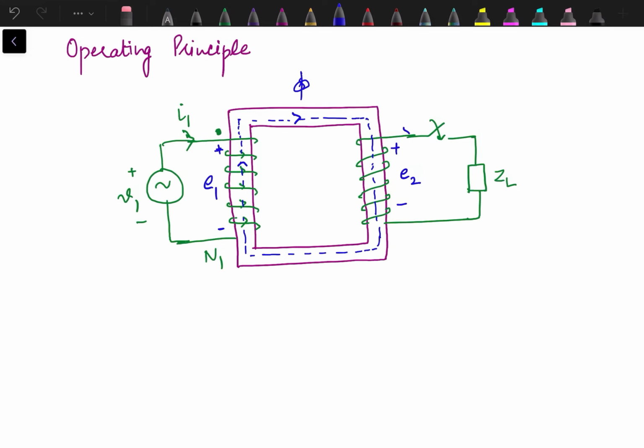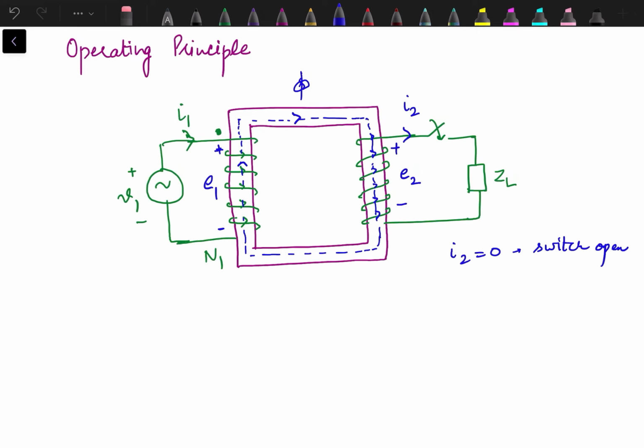So current I2 will flow when the switch is closed, like this. Otherwise, I2 is 0. So I2 is 0 with switch open. Otherwise, it will have some value.